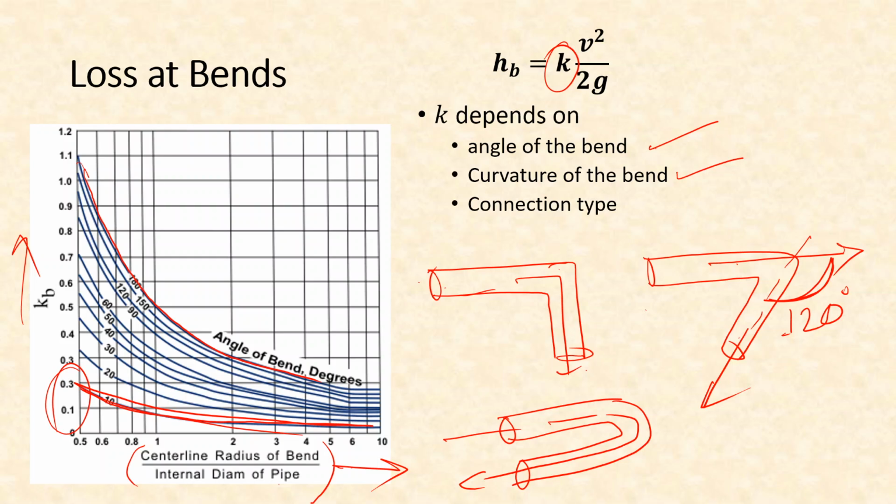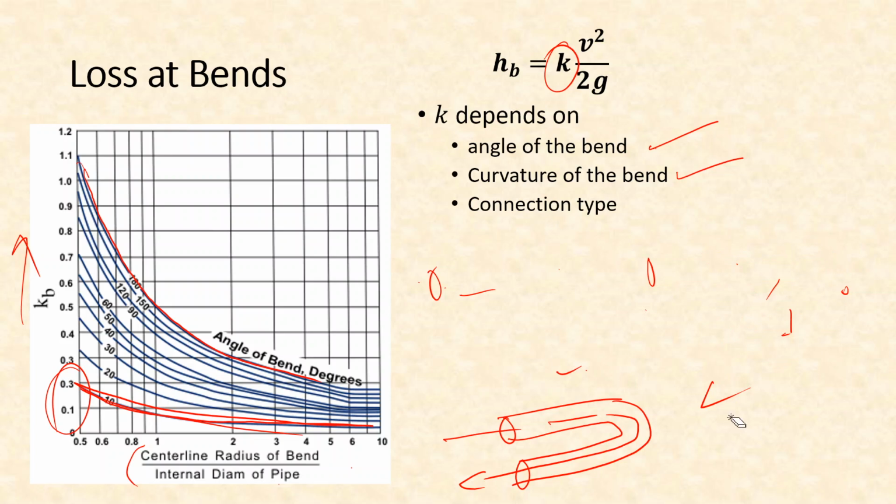Now, it also depends on this next criteria, which is the x-axis, which is centerline radius of the bend by internal diameter of the pipe.